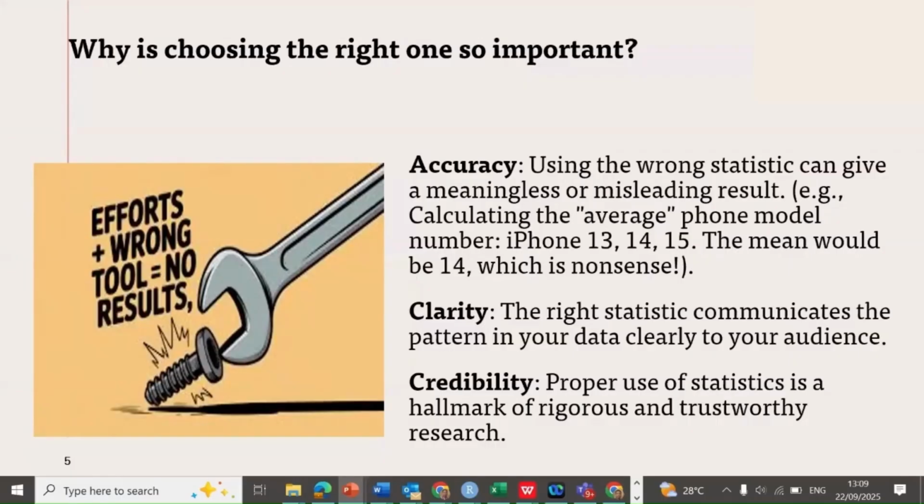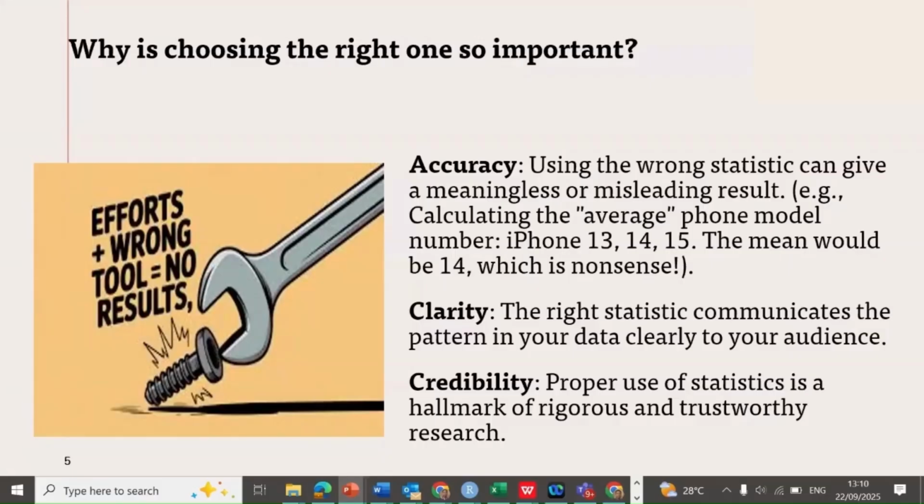For example, if we ask you to calculate the average phone model number, let's say you have iPhone 13, 14, and 15, and you say the mean will be 14. That wouldn't make sense to your audience, because these are like categories. iPhone 13 is a different category from iPhone 14 and iPhone 15. So it wouldn't make sense to say that you are calculating the mean or the average of those numbers.